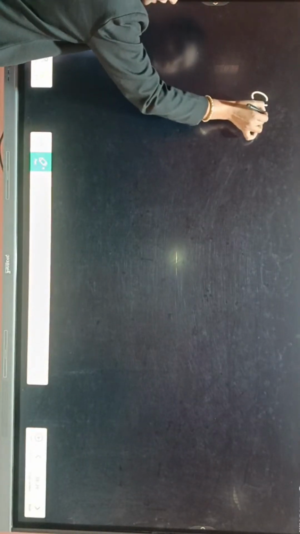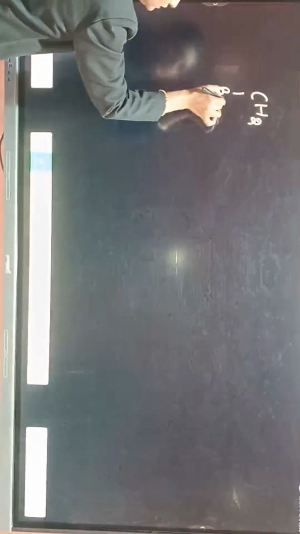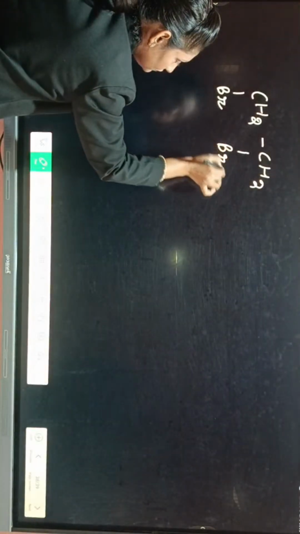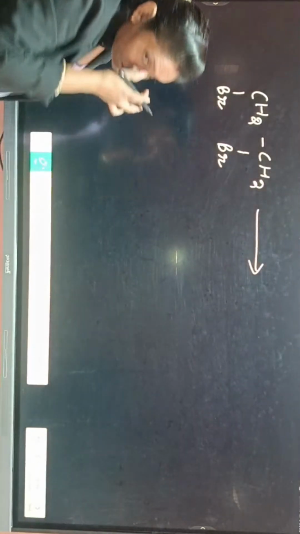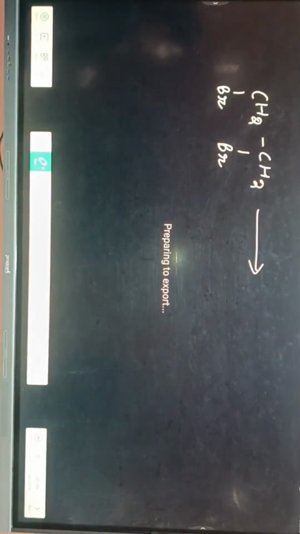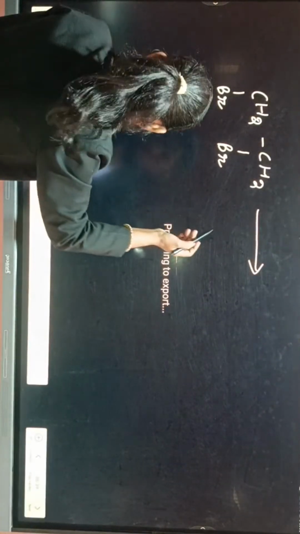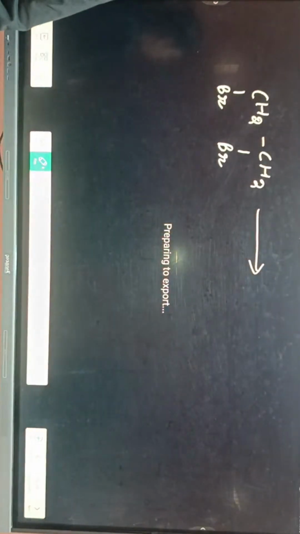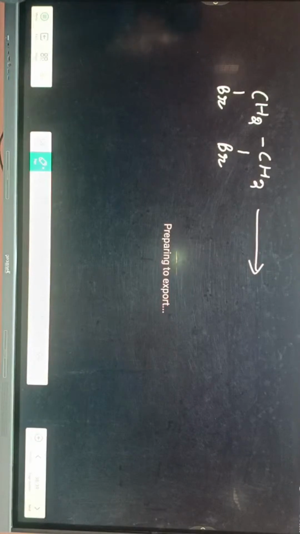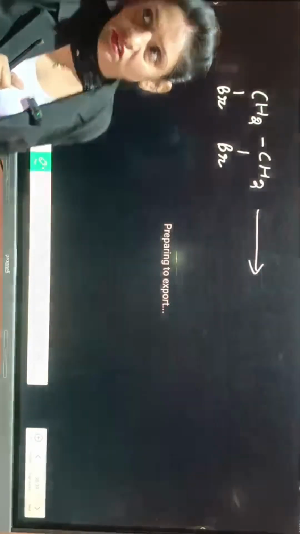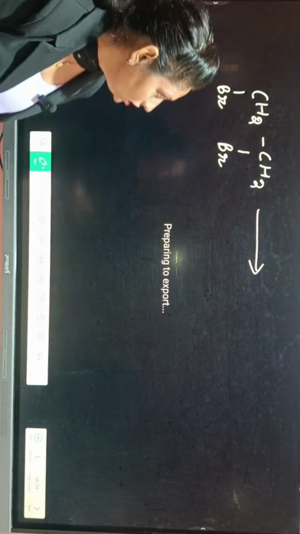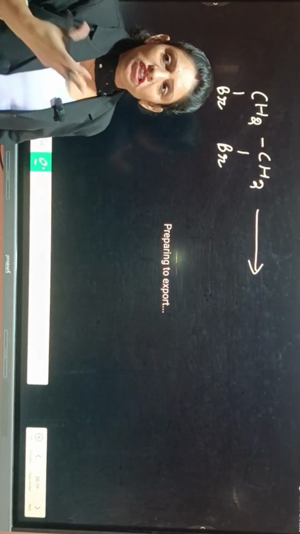If we have vicinal dihalide like this, CH2Br, CH2Br, and it reacts with zinc metal, then students, dehalogenation takes place. De means removal, halogenation means halogens.